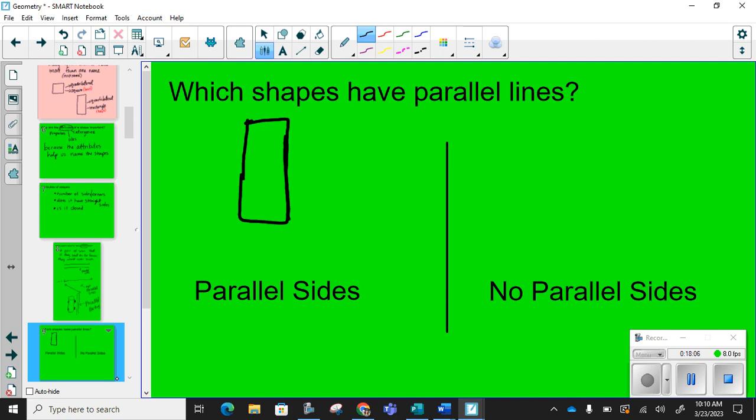The top and the bottom. I want you to take one of your colors. And we're going to squiggle on the top and bottom. That blue squiggle or whatever color you use shows that those two are parallel.